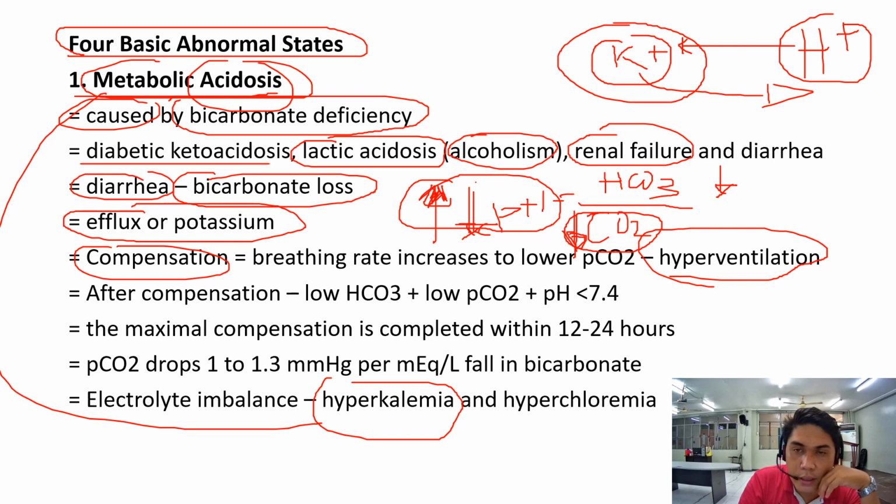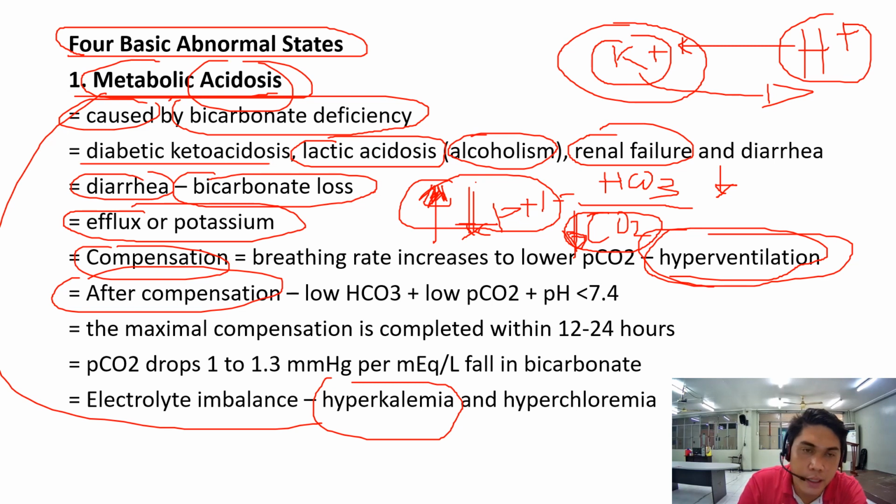So how to lower CO2 level in our body? Through hyperventilation. Okay? Meaning increased excretion of CO2. So that's the compensation for metabolic acidosis. After the compensation, if it is fully compensated, there is low bicarbonate because this is the cause, low PCO2 because of compensation, and pH is less than 7.4 but within the reference range.